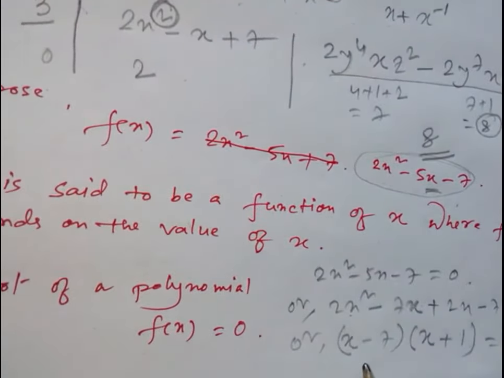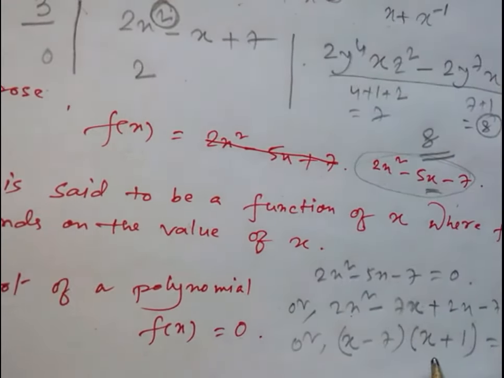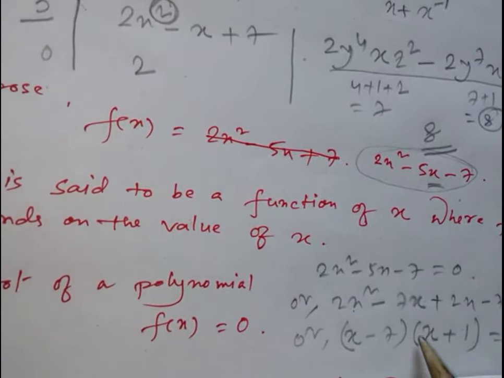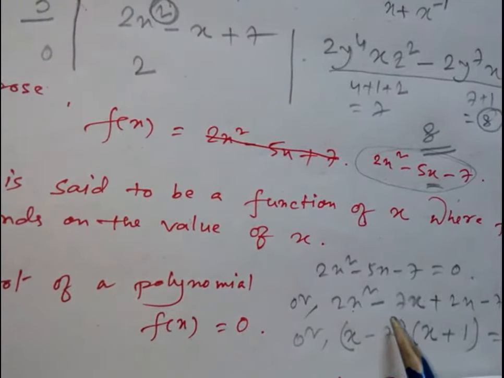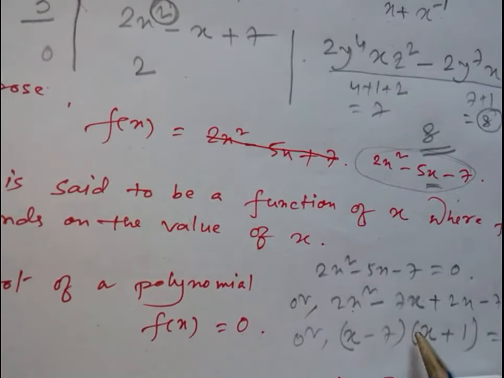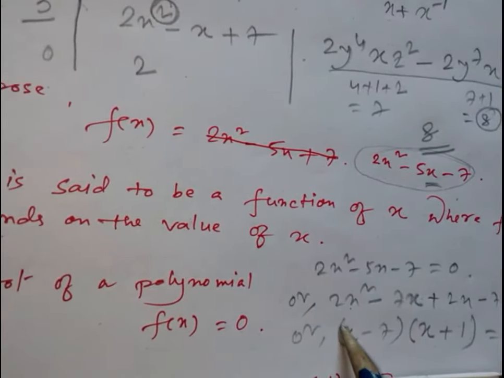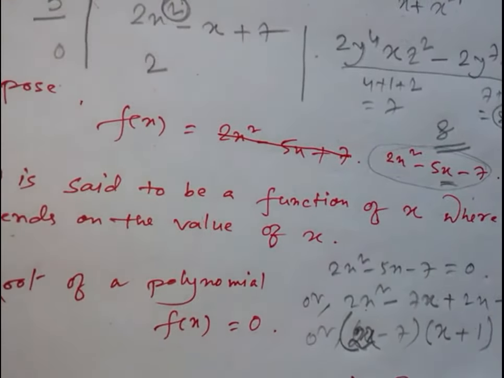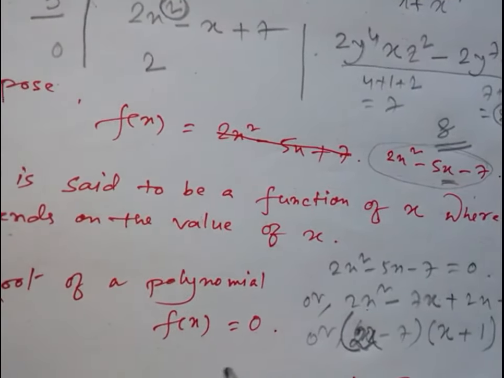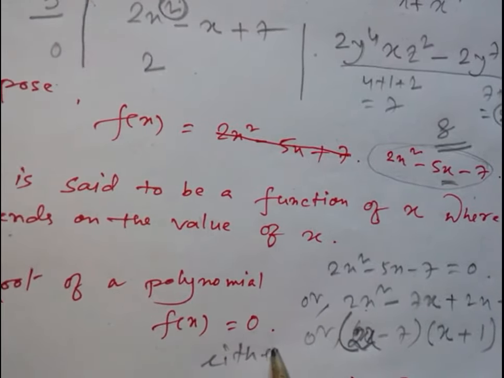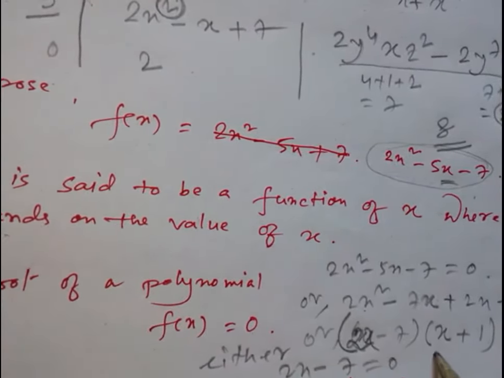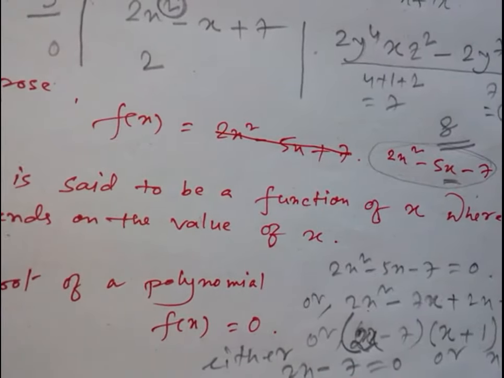So we can get (2x minus 7) into (x plus 1) is equal to 0. So either 2x minus 7 is equal to 0 or x plus 1 is equal to 0.